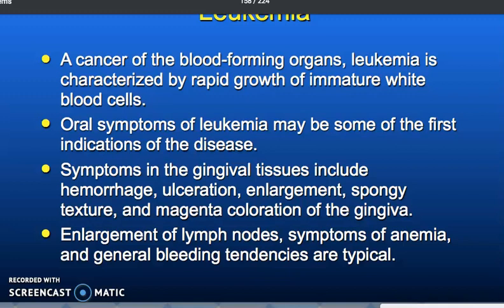Symptoms in the gingival tissue include hemorrhage, ulceration, enlargement, spongy texture, and a magenta coloration of the gingiva. So magenta being sort of a purple color. They'll have enlarged lymph nodes, symptoms of anemia, and just general bleeding. All of those things can be signs and symptoms of leukemia.